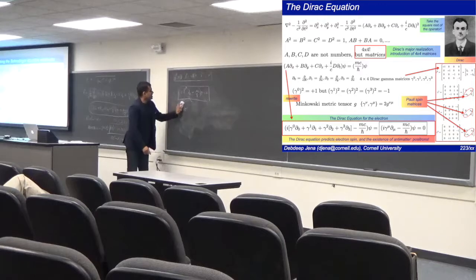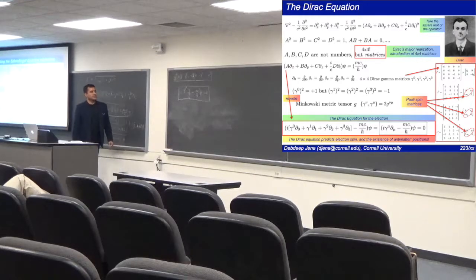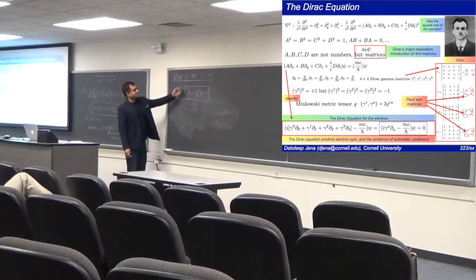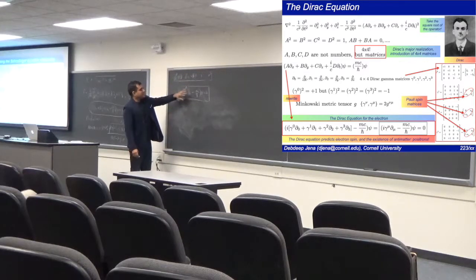Now, the fallout of the Dirac equation is the more interesting, rather remarkable thing. As you can realize, this is written in a very compact way, but it's actually many equations coupled together.